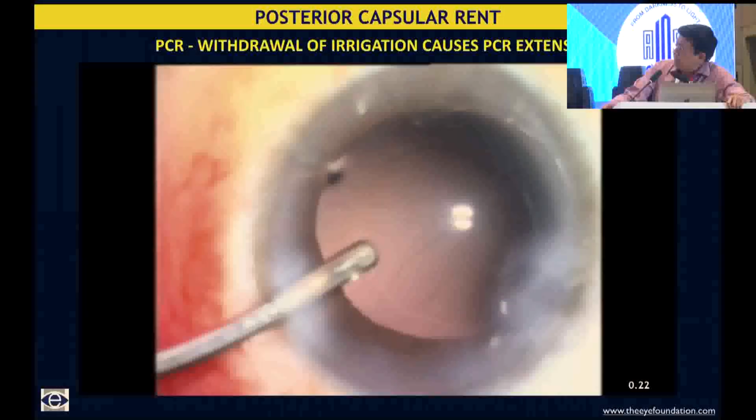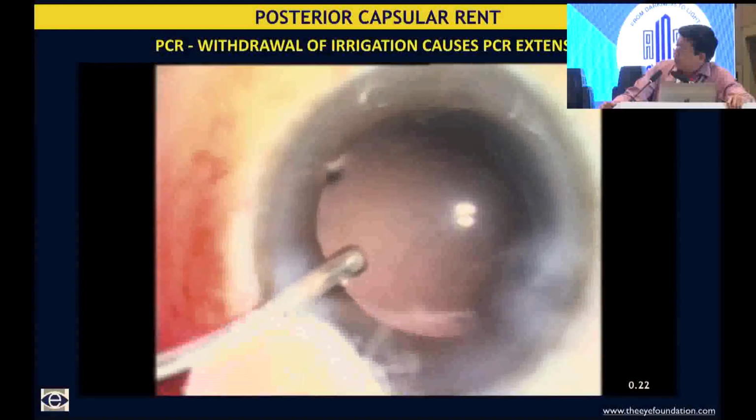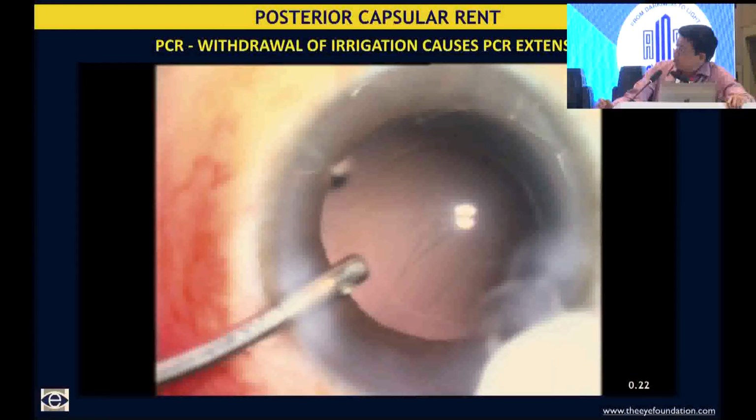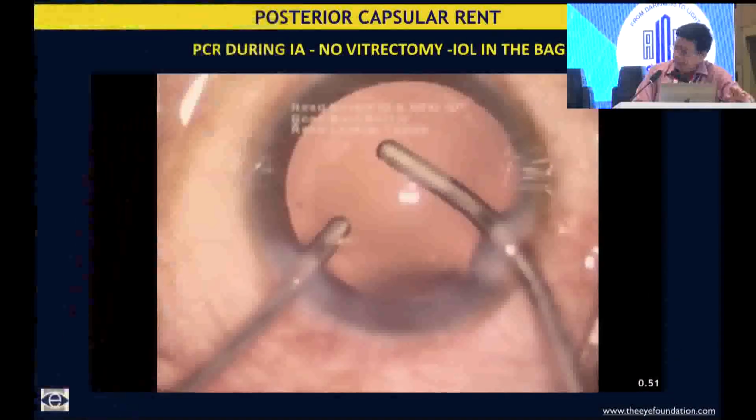So obviously the most important aspect when you face a situation like this is to go ahead and inject viscoelastic. If you have a dispersive viscoelastic, that's the way to go. Just in case you do not have access to that, then at least even an HPMC will do, but it's extremely important to reform the anterior chamber.